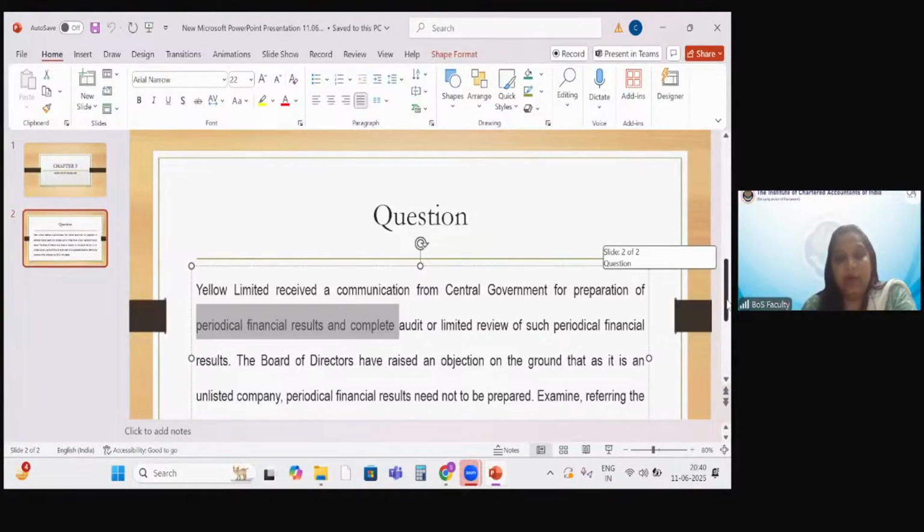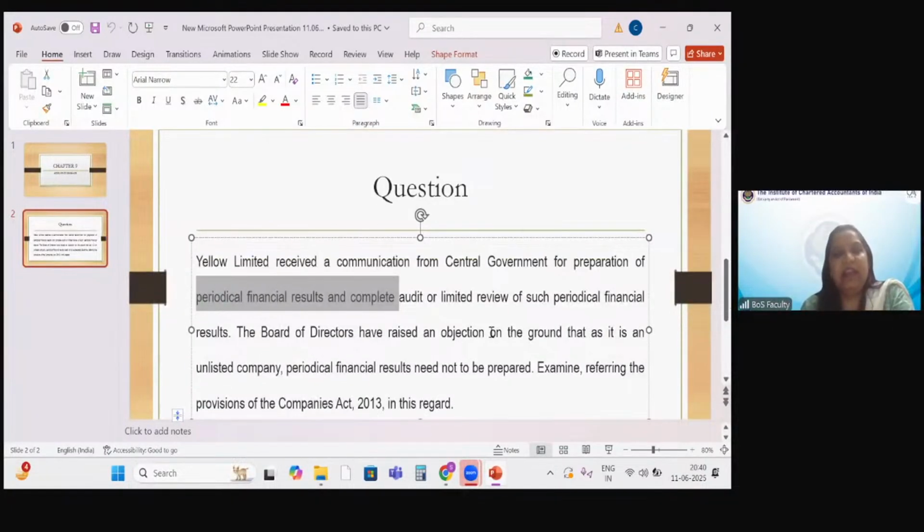The board of directors are saying that they are not needed to prepare this as they are an unlisted company. So they are saying we will not. The question asks to examine. Examine means that you have to analyze the situation and give a conclusion also.